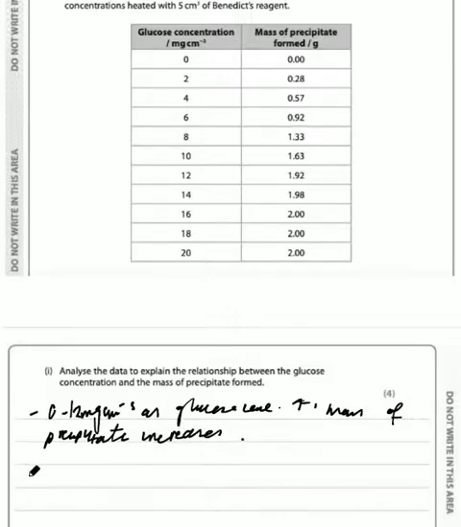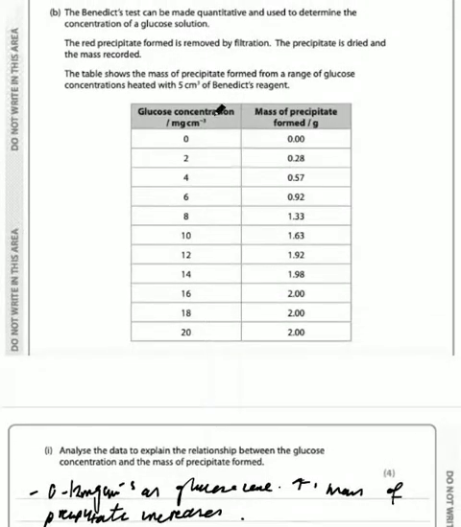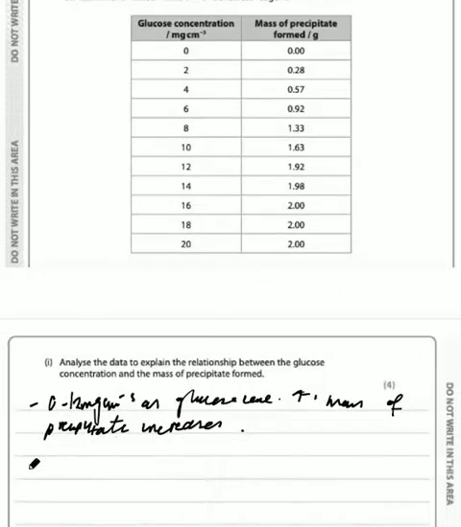Okay, so now we need to say why. And you know that, well, the glucose is going to interact with the Benedict's reagent, and that's what's forming the precipitate. And so that's your answer there. And that's because all the glucose reacts with the Benedict's reagent.